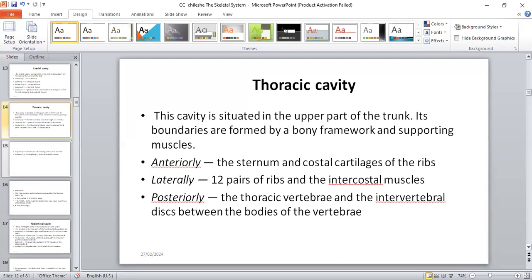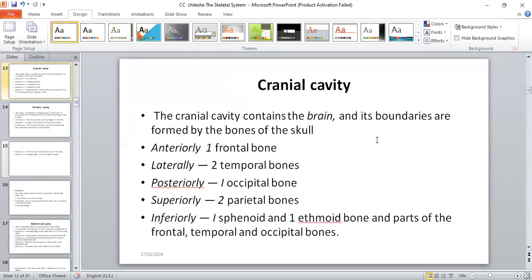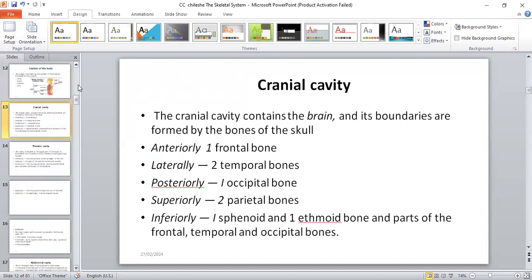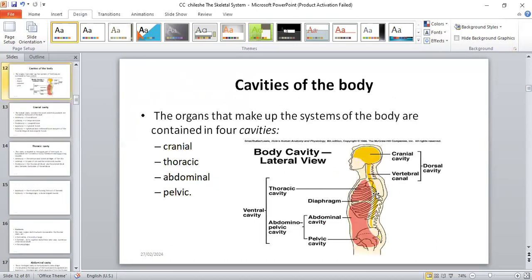The second major cavity is the thoracic cavity. This one is situated in the upper part of the trunk. It is bounded anterolaterally by the ribs, anteriorly by the sternum in the midline, and posteriorly by the vertebral column.